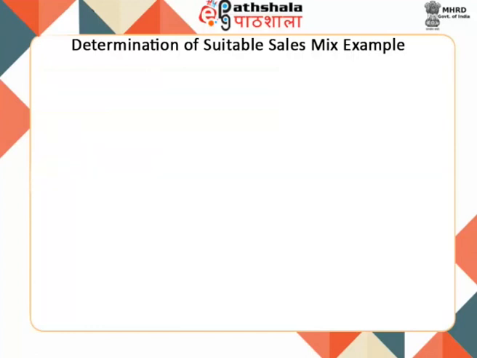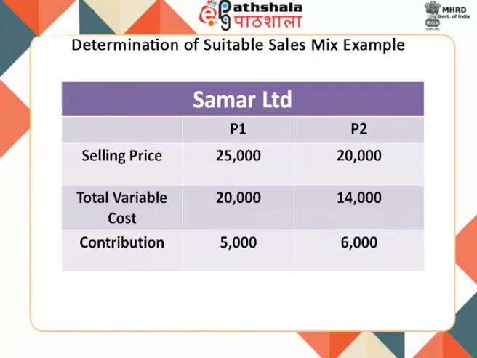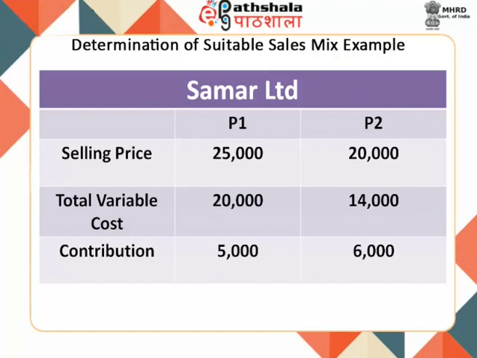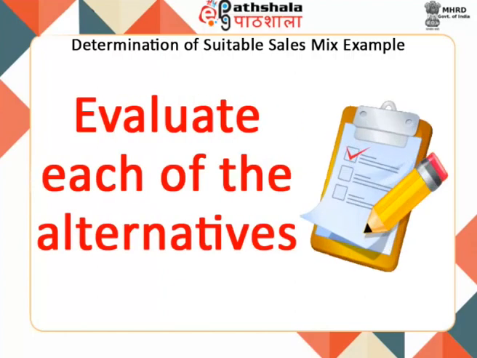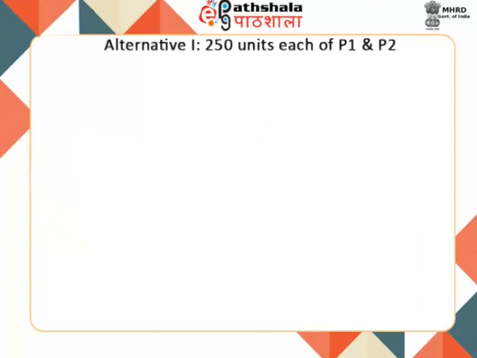After subtracting this TVC from the selling price, we get the contribution of rupees 5,000 for P1 and rupees 6,000 for P2. Now that we have computed the relevant per unit data for both the products, let us evaluate each of the alternatives. For alternative 1, we have 250 units of P1 and 250 units of P2.